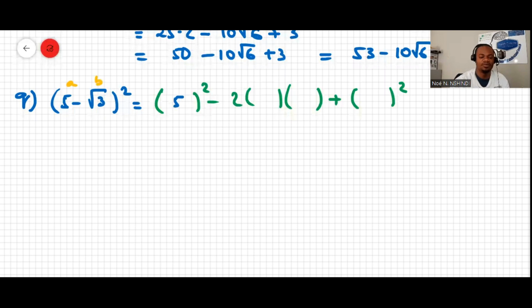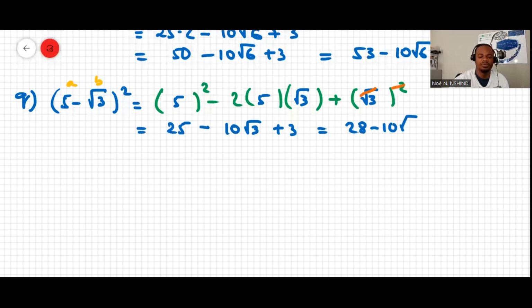That makes 5 squared minus 2ab plus b squared, and then 5 squared is 25, minus 2 times 5 is 10 root 3, and then the power of 2 there, and then the square root cancels, so that makes plus 3. Okay, and then this will be equal to 28 minus 10 root 3.